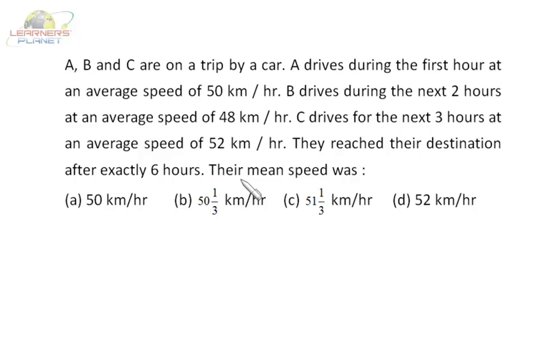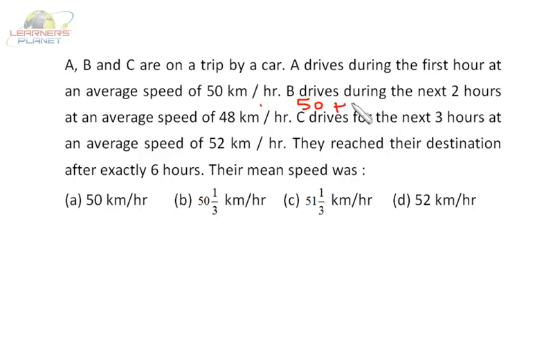Friends, in this case, we have to find out the average speed of the journey. Okay. And since there is a direct formula, you can use that, but I would recommend not to use formula. Okay, just go logically. A drives during the first hour at an average speed of 50 km per hour. That means 50 km distance might have been covered up. After that, B is driving for 2 hours at 48 km per hour.